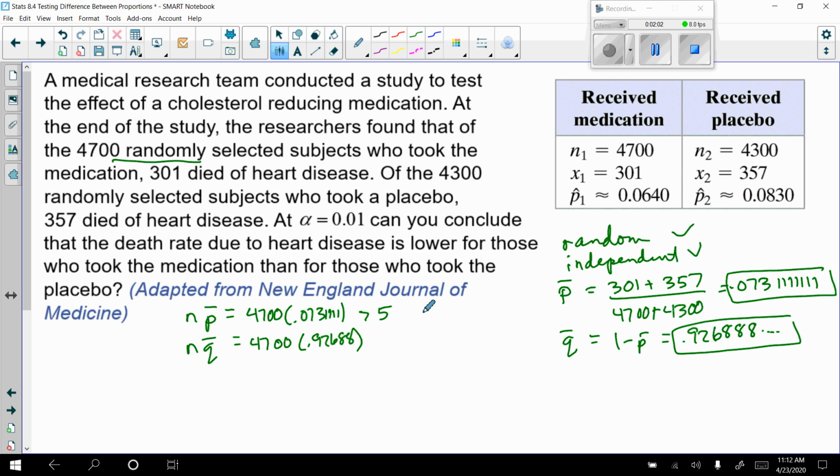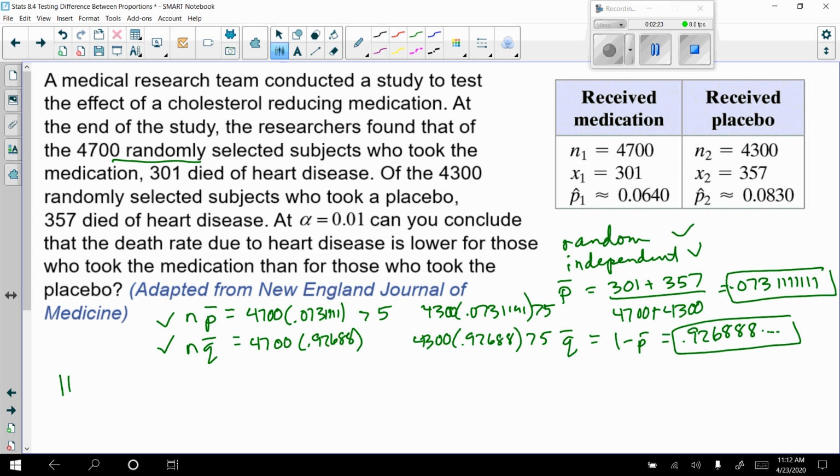And if I did the other N, which would be 4,300 times 0.0731111, that is also greater than 5, and 4,300 times 0.92688 is also greater than 5. So my conditions have been met.